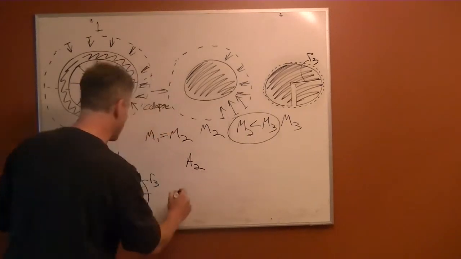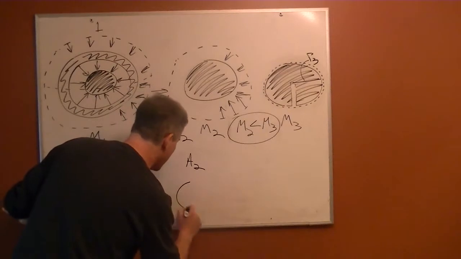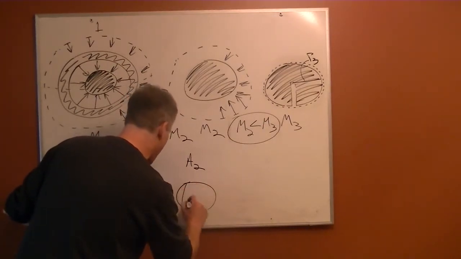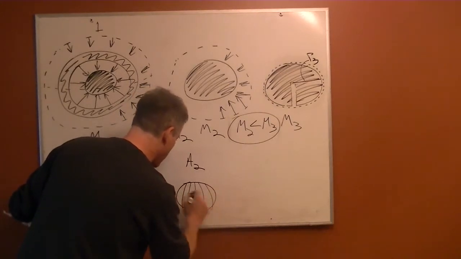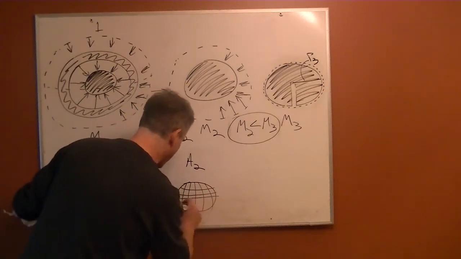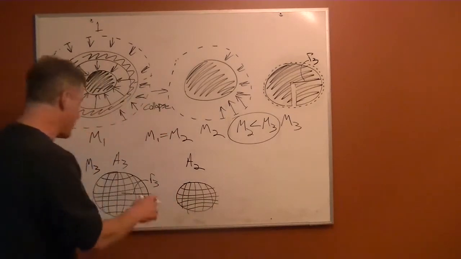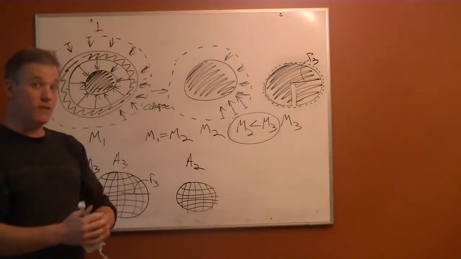Consider surface area A2. I'm going to draw it a lot smaller, but it's not that much smaller. But you see, you can tell. All right, and let's say from the outside, I can't draw. It's supposed to look like a globe, and the lines on the globe, and whatever. We break that globe into those little boxes, and then we say, okay, from the outside, what's the surface area?